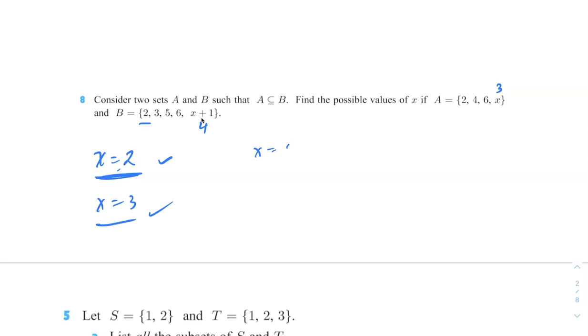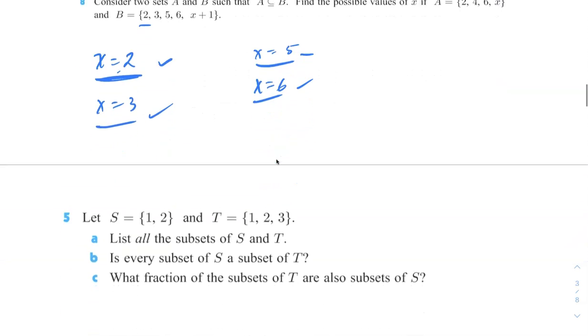If x is 5, then I have a 5 right here. That works. And then 5 plus 1 is 6. I get 2 6s, that's okay. And then x is 6. So x can only be the values here: 2, 3, 5, and 6. So there we go. Check marks, check marks.